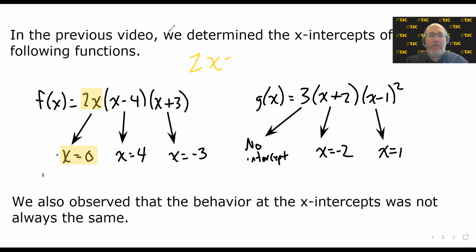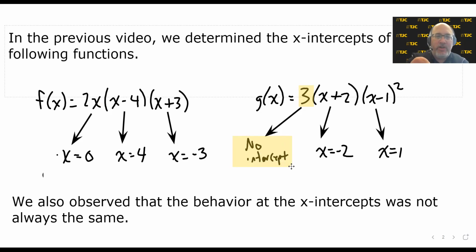And we did the same thing for all of the factors. Well, almost all of them. For example, for x minus 4, if you put that equal to 0 and solve, you get x equals 4. And for x plus 3, you get x equals negative 3. Now, in the other function, the first factor was just a constant, 3. That didn't produce an x-intercept because it doesn't have an x.